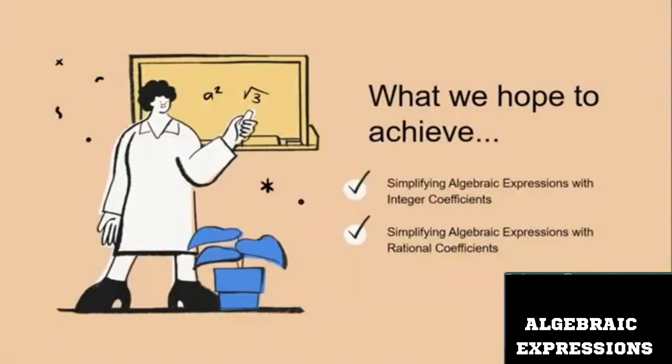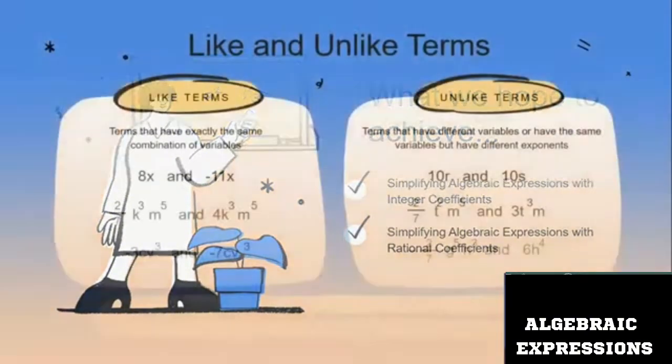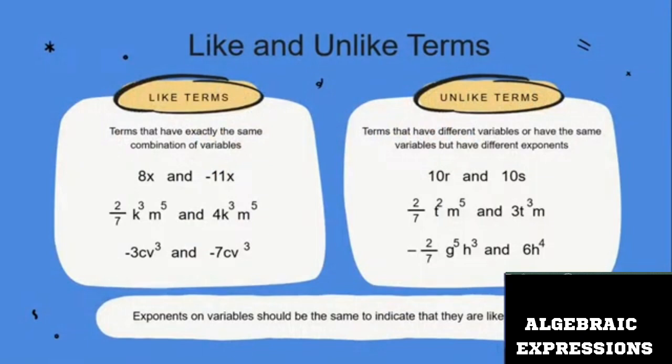All right, so now we want to try and simplify some algebraic expressions with whole numbers and some of them with decimals. The most important thing when we are doing this is to appreciate that the basic step which we need to do in all problems is to bring all like terms together. Okay, so now let's firstly look at what like terms are and what unlike terms are before we solve the problems.